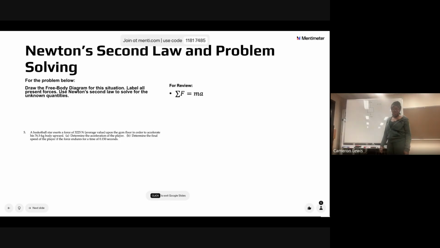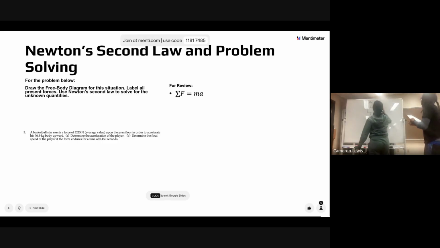It says 3,225. That's his applied force, the upward force.